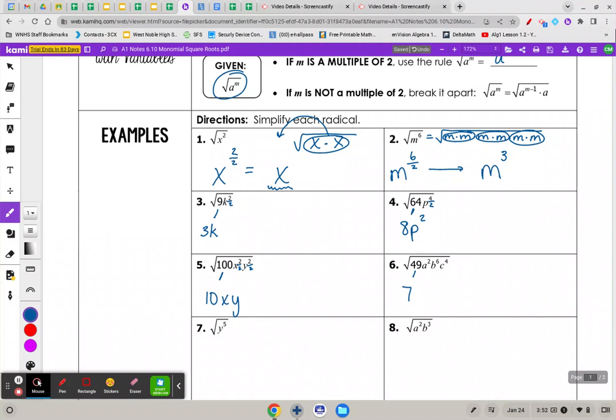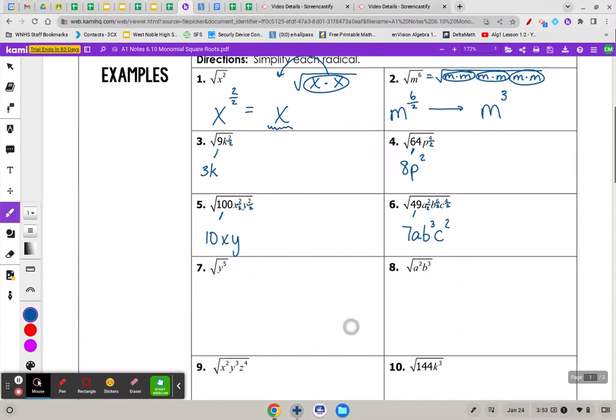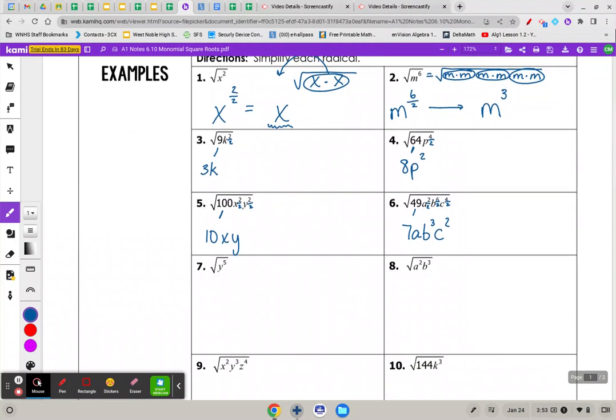If we take each of these variables divided by 2, we get a to the 1st, b to the 3rd, c to the 2nd. Okay, hopefully that's making sense so far. That's if we have even exponents. If we have odd exponents or a combination, that's fine.